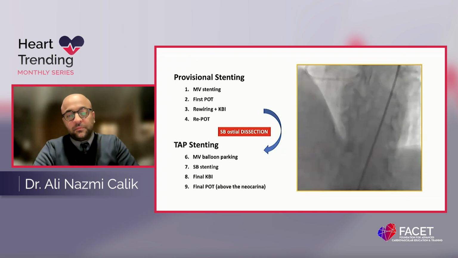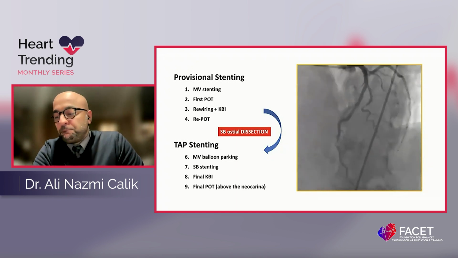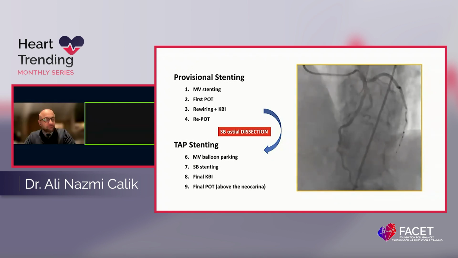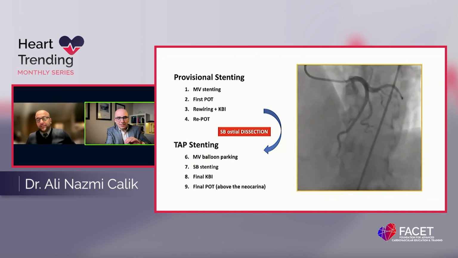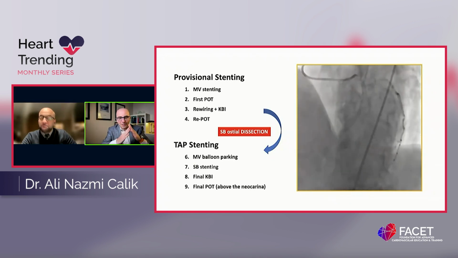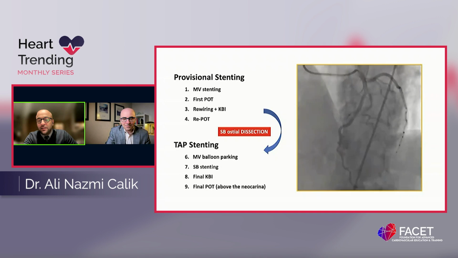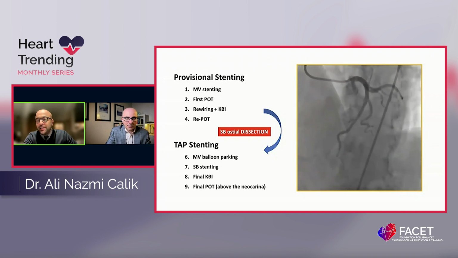And this is very important. As you mentioned, the first slide is looking at the importance of the views and which vessel, because if your angles are off, then you don't know where the carina is and where to land this TAP. And as you can appreciate, this is the LAO cranial view.